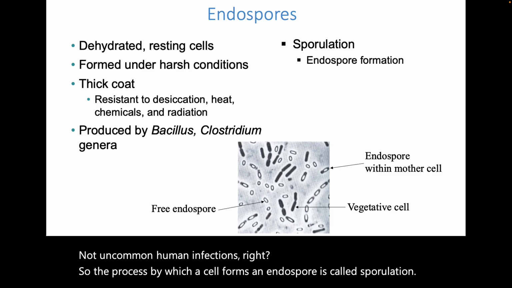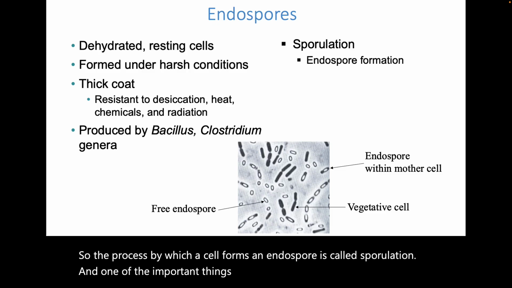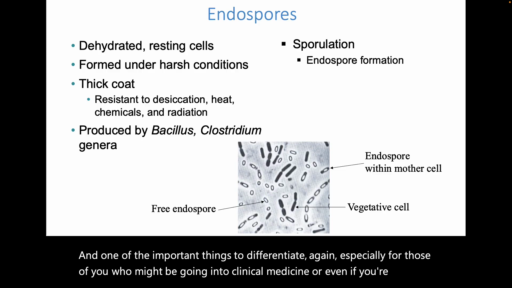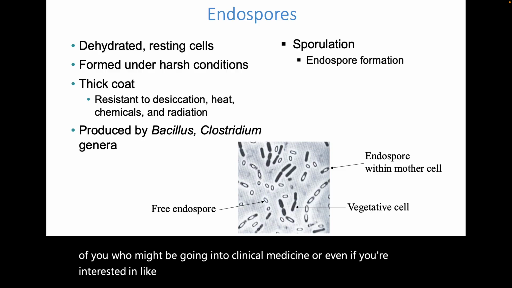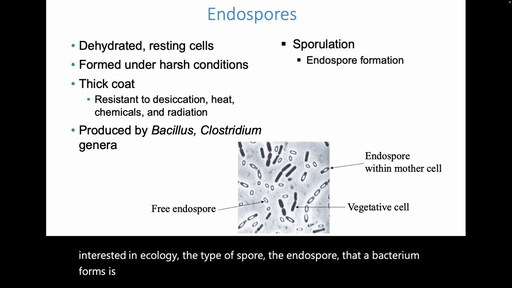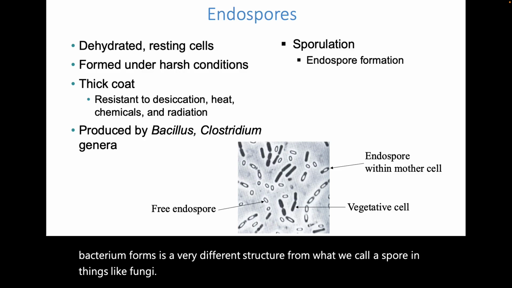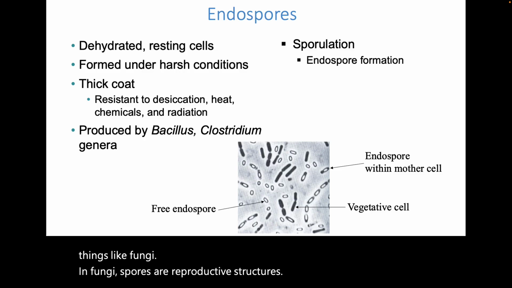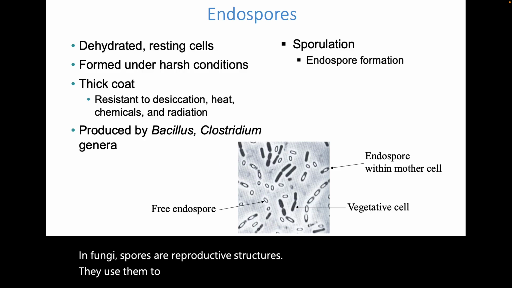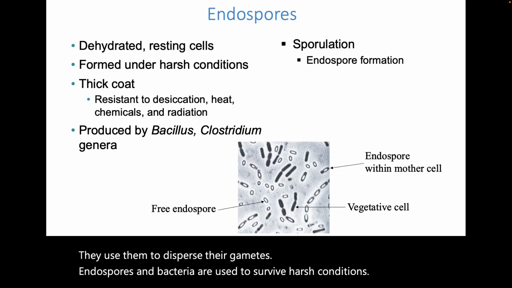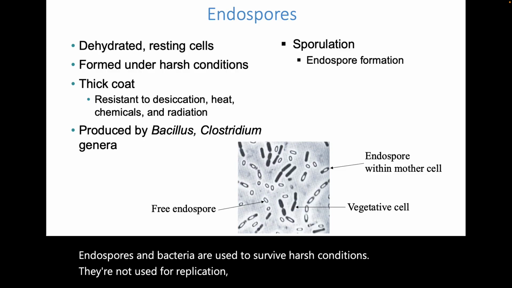And one of the important things to differentiate, especially for those of you who might be going into clinical medicine, or even if you're interested in ecology, is that the endospore that a bacterium forms is a very different structure from what we call a spore in things like fungi. In fungi, spores are reproductive structures. They use them to disperse their gametes. Endospores in bacteria are used to survive harsh conditions. They're not used for replication, they're used solely for survival.